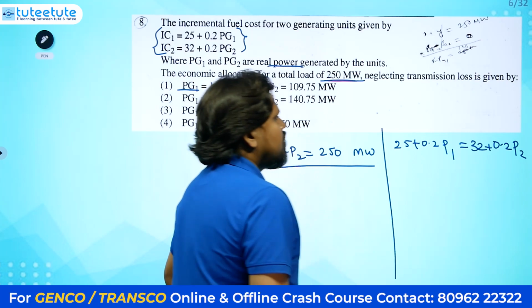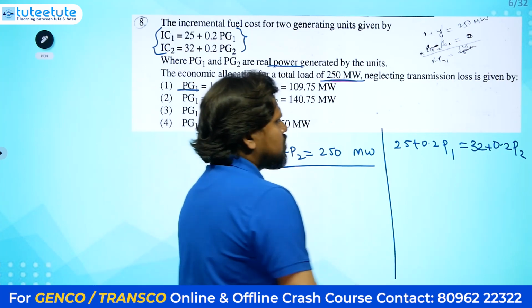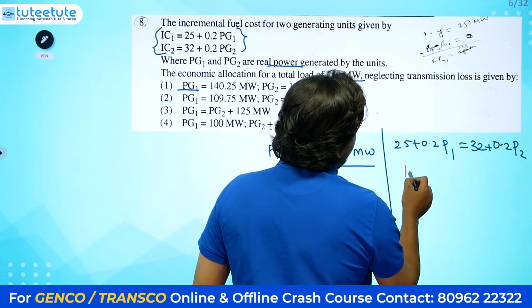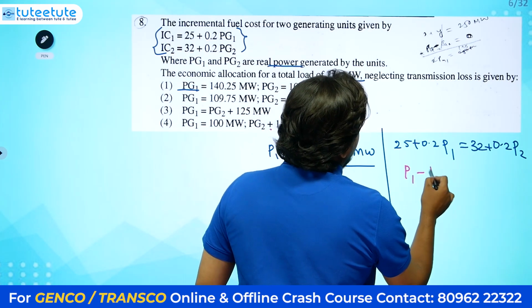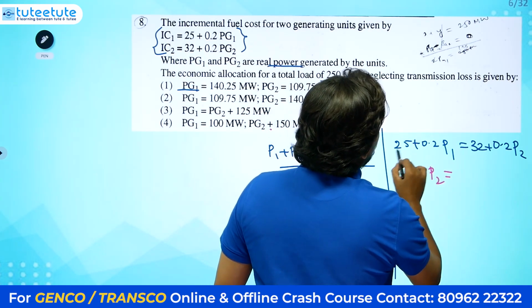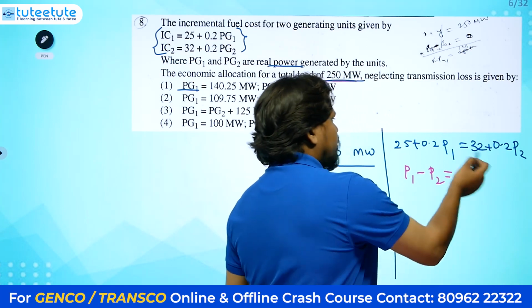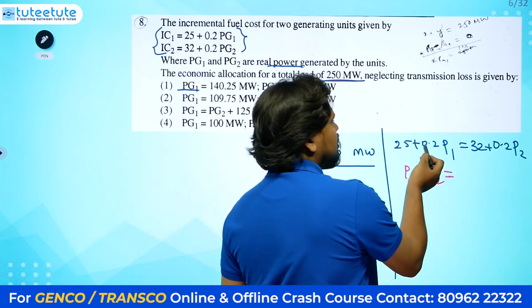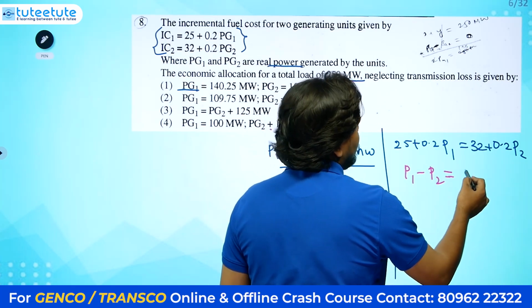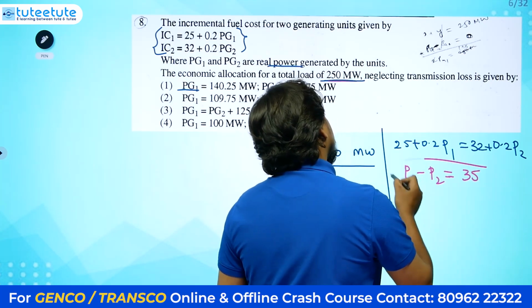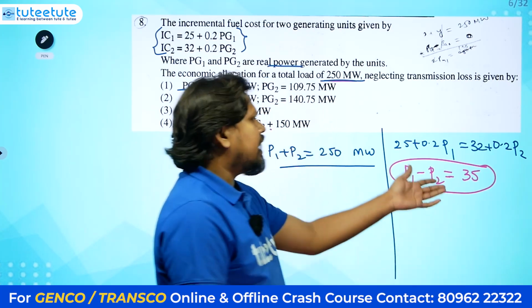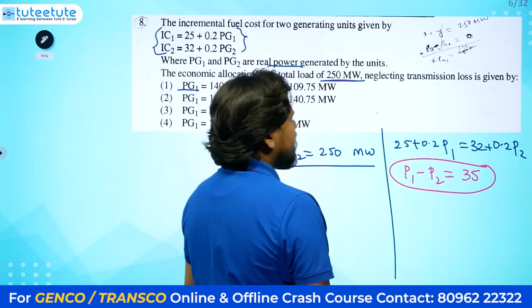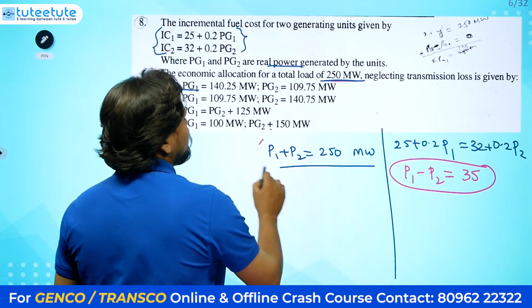If you simplify, 0.2 times (P1 minus P2) equals 32 minus 25, which is 7. Here 0.2 means 1 by 5, so I will multiply by 5 and you will get 35. If you don't know the calculation, you just do it. So P1 minus P2 we got like this, and P1 plus P2 we got like this.